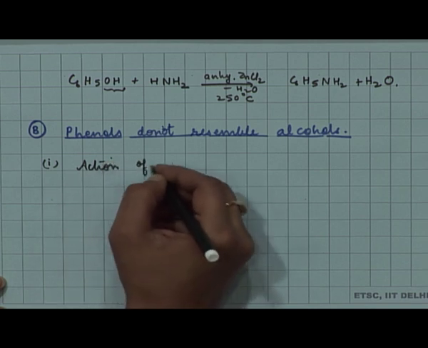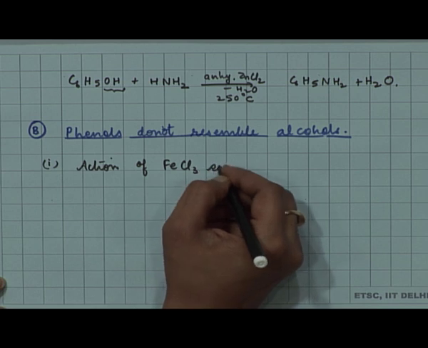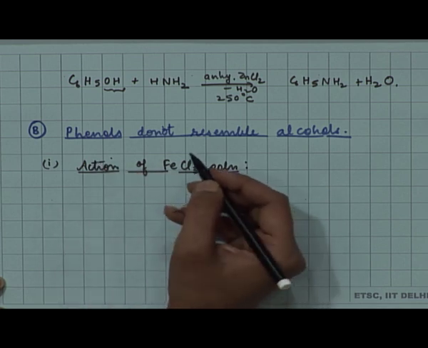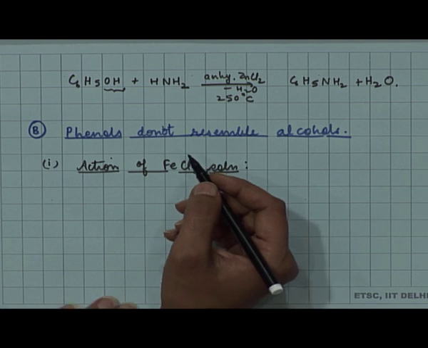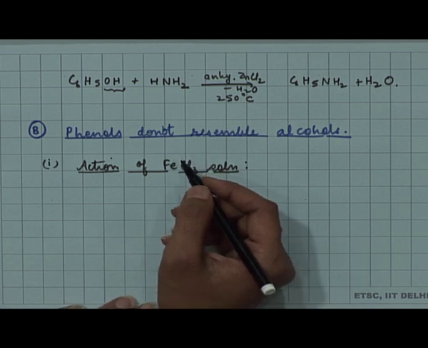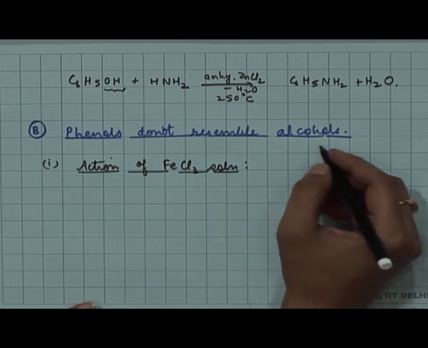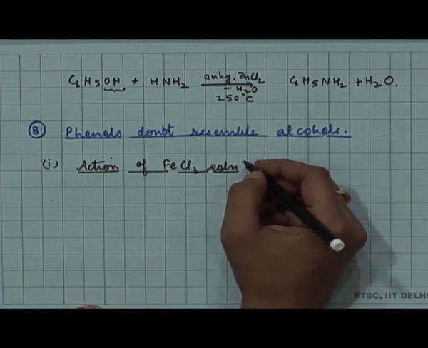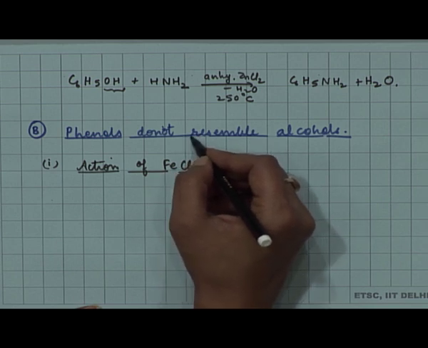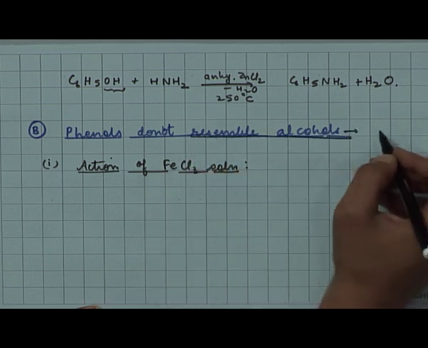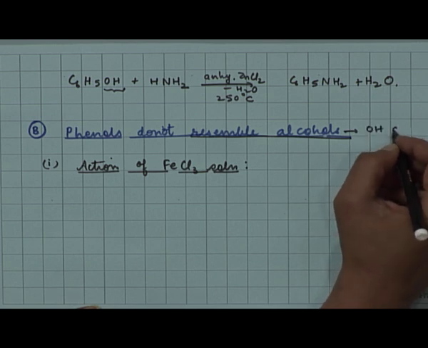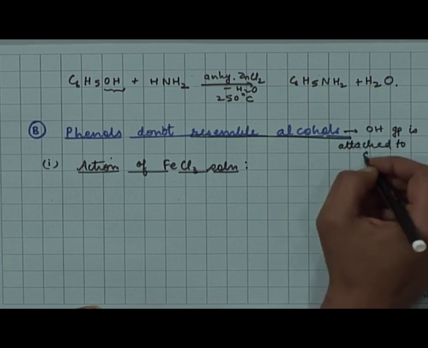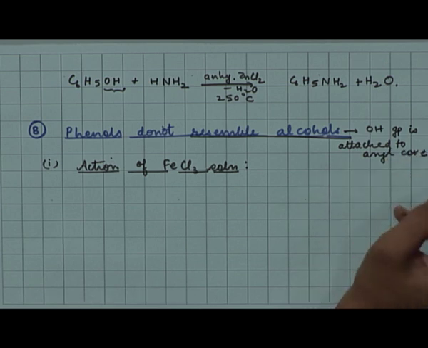This reaction is taken as a test for identification of phenol. It is a qualitative color test for identification of phenols. It tells us if the OH group is attached to the aryl core, and this is what makes them different from alcohol.